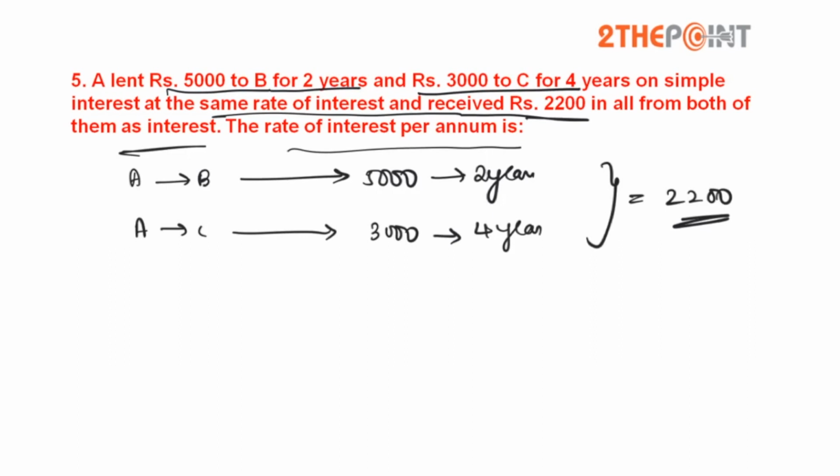We know that simple interest for both these amounts together is 2,200. So just add these two, using the formulas.